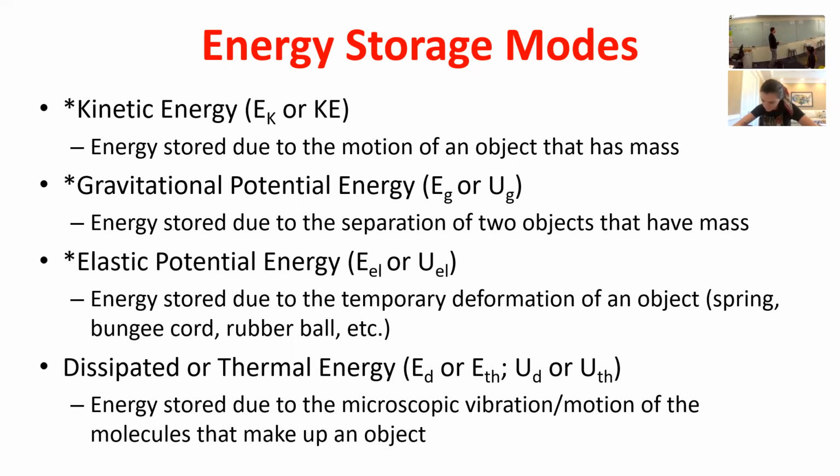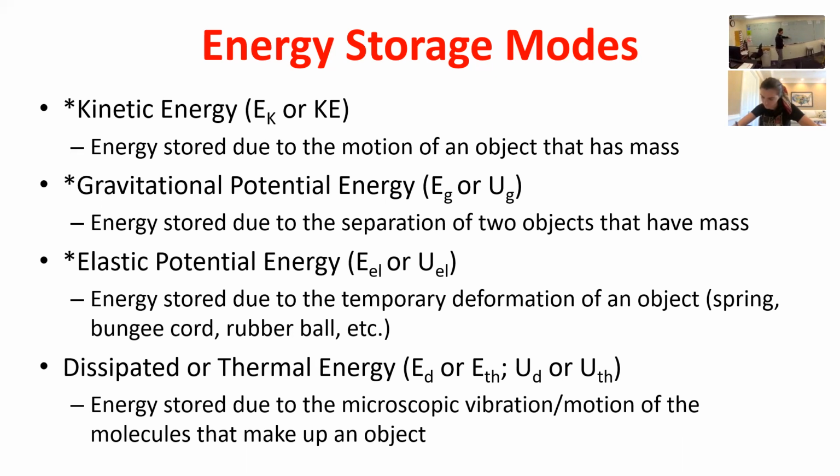Yeah, it could be feet if we were using the imperial or English system. And what is kilogram times meters per second squared? That's a newton. So really we have a newton times a meter, which is a joule.